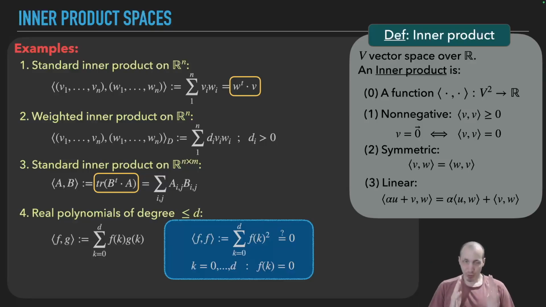Now, I want you to pay attention to what happens here. On the one hand, we had this interesting property about polynomials: a polynomial of degree at most d with d plus 1 roots is the 0 polynomial. On the other hand, we have this non-negative condition of inner products, and they're basically the same.